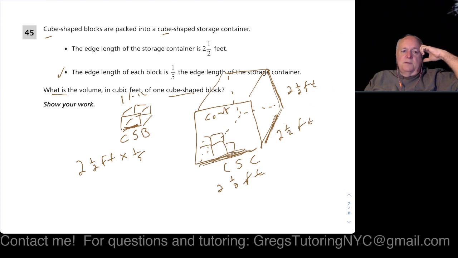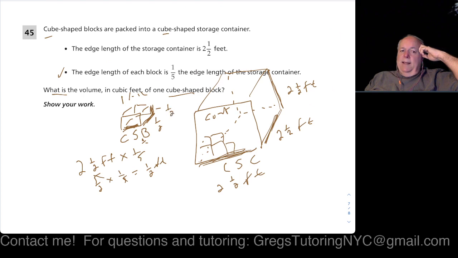That's 5/2 times 1/5. The 5's cancel out, and I get 1/2 of a foot. So the side length here is going to be 1/2, the side over here is going to be 1/2, and the side over here is going to be 1/2.